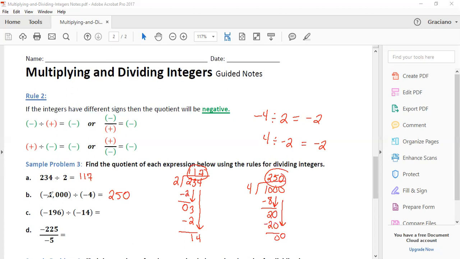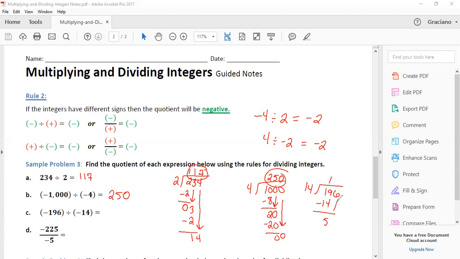For letter C, I have two negative numbers dividing each other. So that means my answer is going to be positive. I'm going to do 14 into 196. How many times does 14 go into 19? It goes in one time. 19 minus 14 is 5.